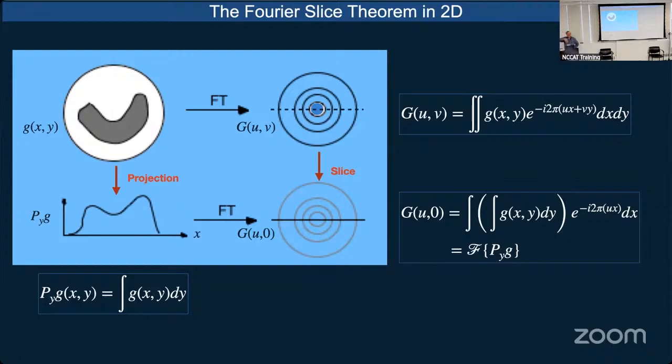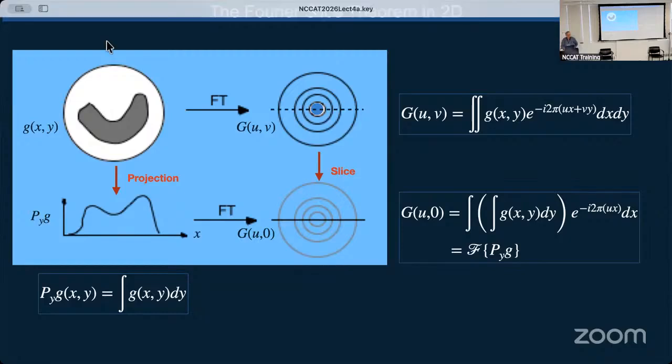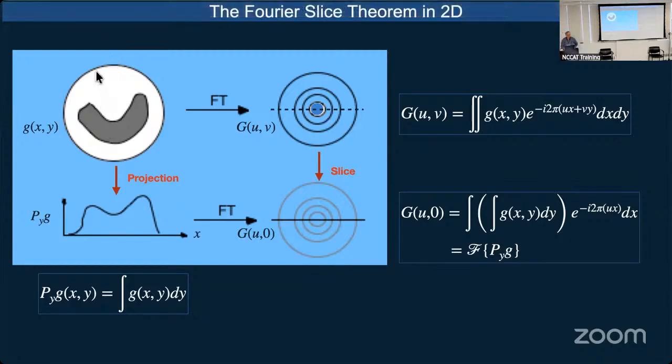A sheet of X-rays is being generated and passed through your body, and a linear array of detectors picks up whatever X-rays came out the other side, a projection of the density of that slice of your body.